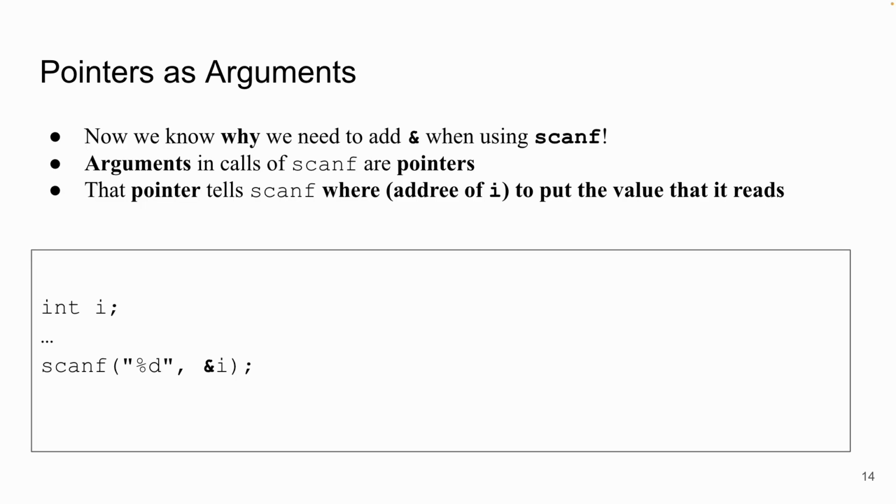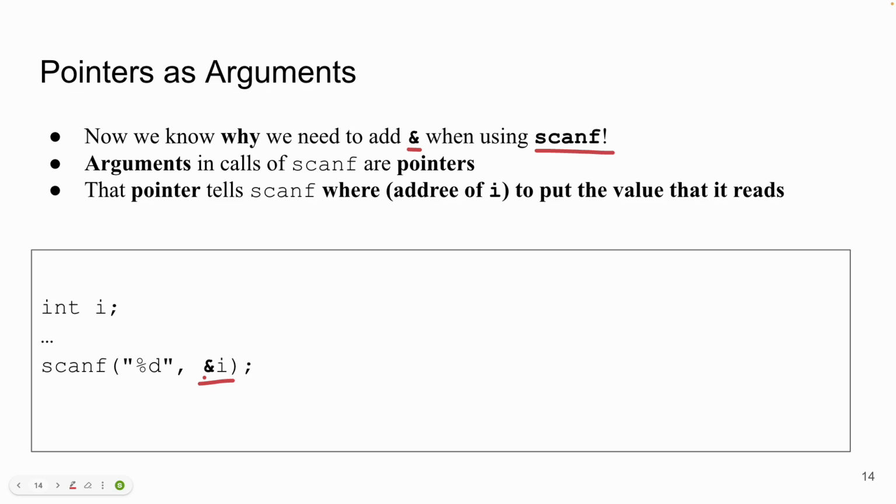So after explaining this decompose function, now we know why we need to add this AND symbol when we are using scanf, right? Because before we introduced pointers, we just said that when you use scanf, you always need to add the AND symbol. Now you know the AND symbol in scanf is an address operator.